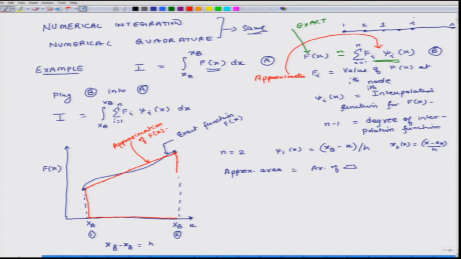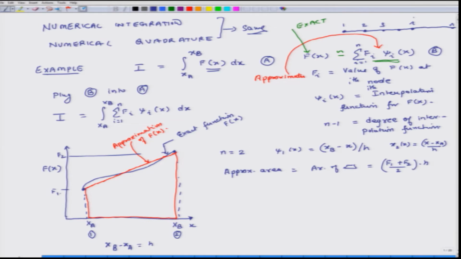This is a trapezoid and that is the approximate area, and that area equals f1 plus f2 divided by 2 times h, where this is f1 and this is f2, and earlier we had also defined that fi is the value of f of x at the ith node.